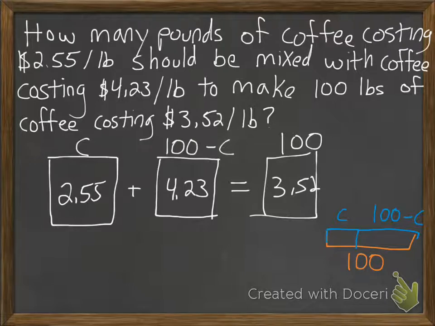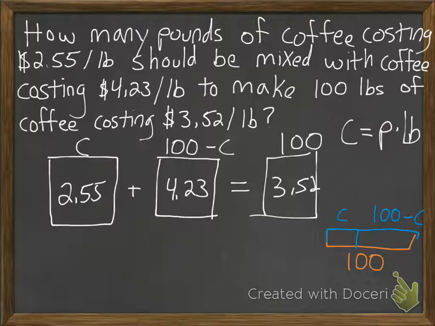And then because of that multiplicative relationship, the cost is equal to the price times the poundage. Because of that multiplicative relationship, we can now just multiply down.